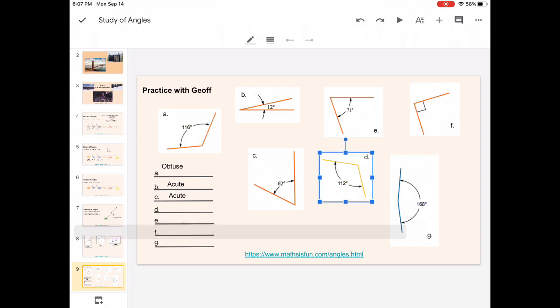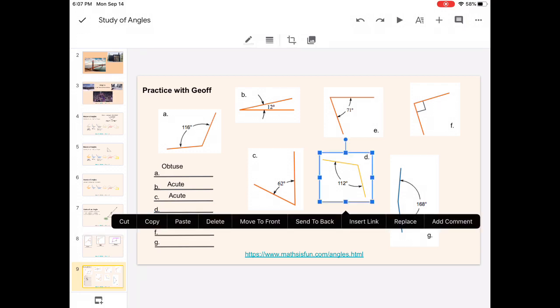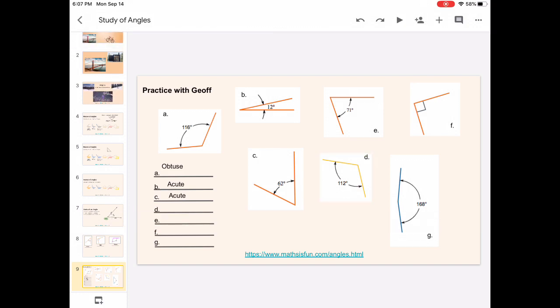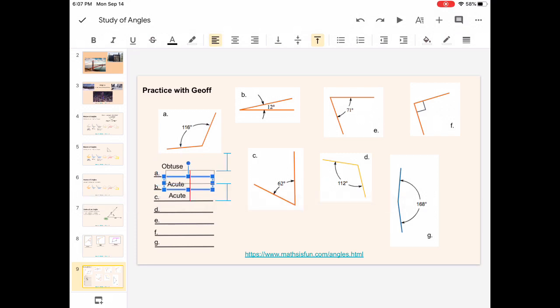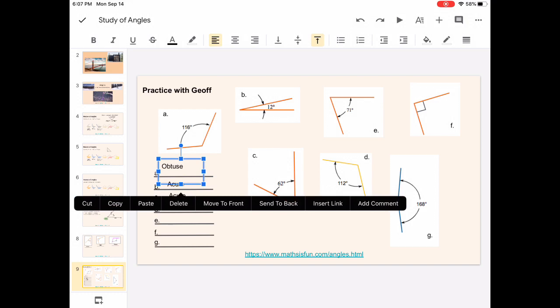And D over here, D is 112 degrees. 112 degrees is greater than 90, so that is obtuse.